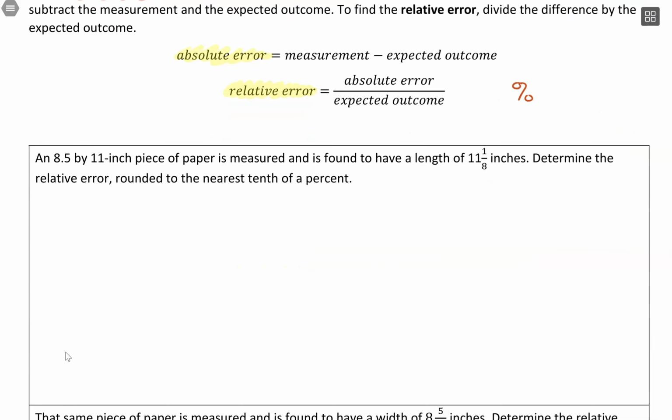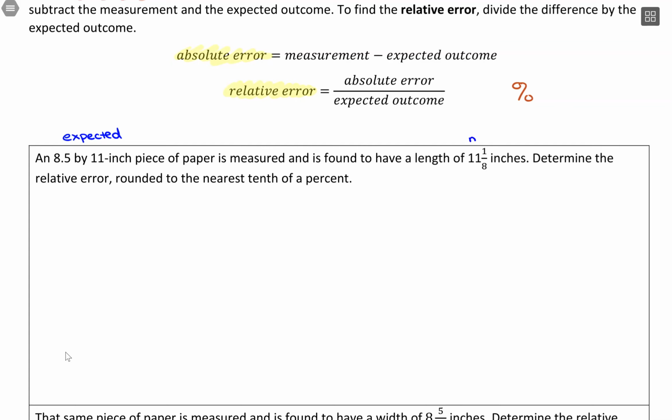So for example, we're going to look at an 8.5 by 11 inch piece of paper. Those are our expected values: we have our width and length, and that's what we expect to come out when we measure it. What happened is we measured it, and the length, instead of being 11 inches, was 11 1/8 of an inch.